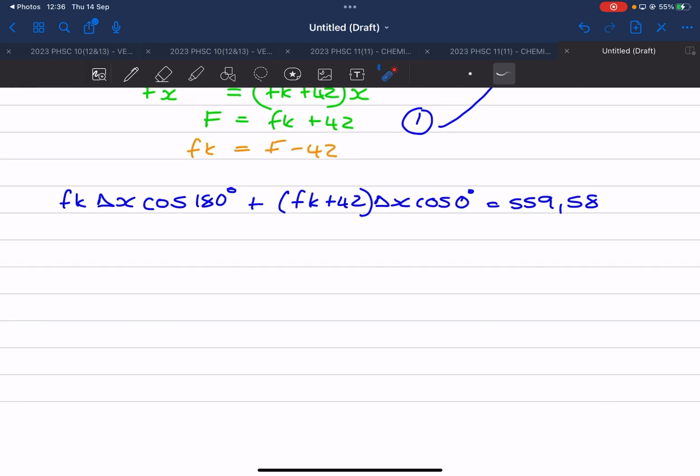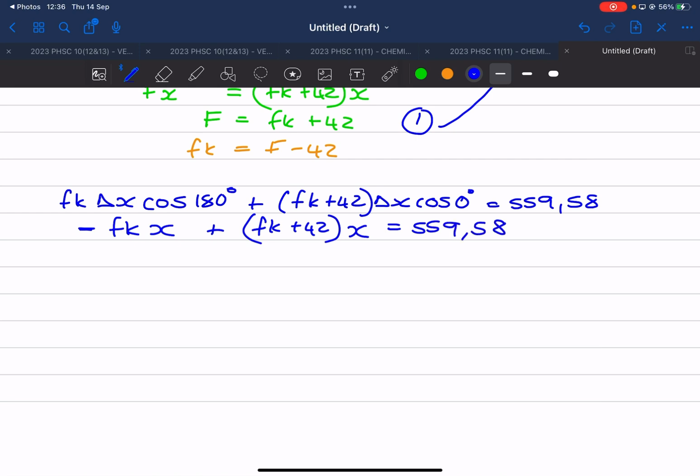Okay, I'm going to simplify that which I have. Okay, so ek het die F, K en E minus die hele besigheid, because 180 becomes minus, plus FK plus 42x is equal to 559.58. Okay, juffrou, I still have 2 variables. Okay, ons gaan nog nie stres nie, kan ek dit nie verder vereenvoudig nie.